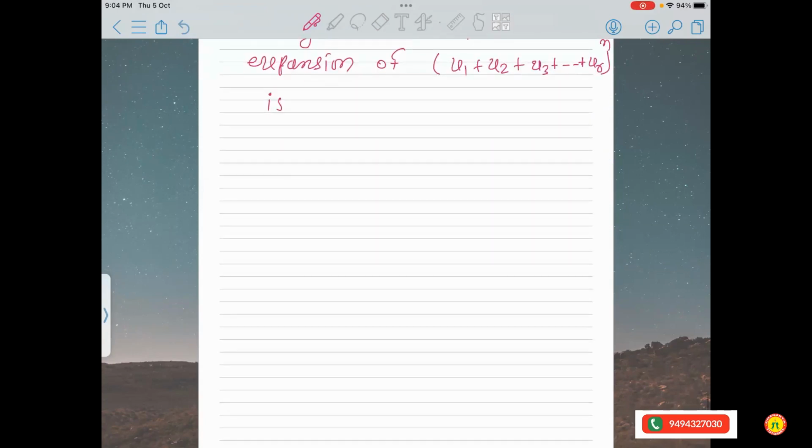You need to remember this formula: n factorial upon q factorial power m minus r.